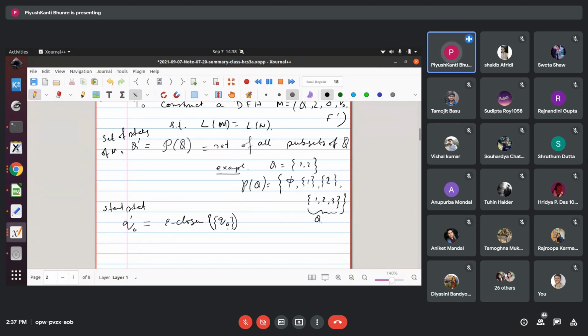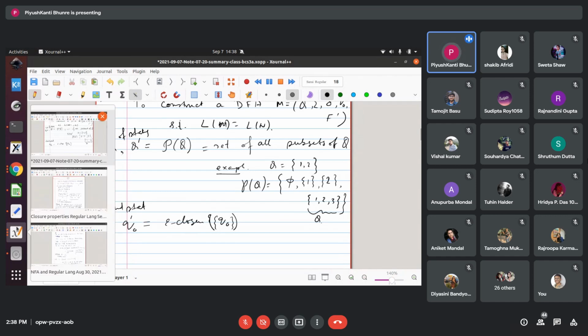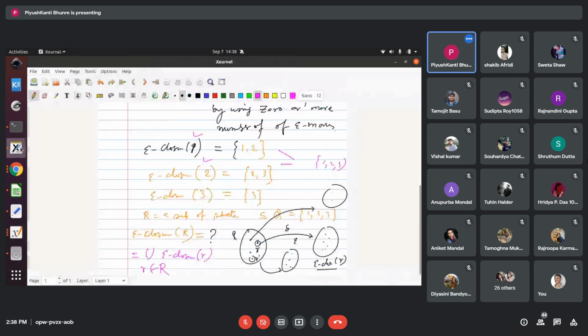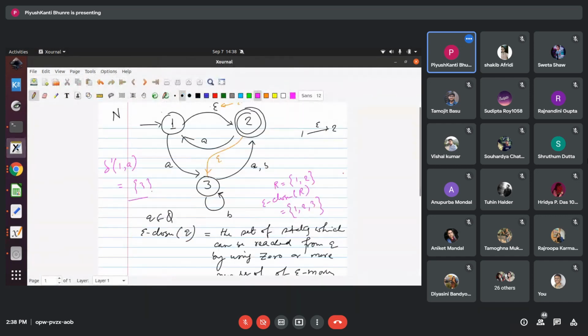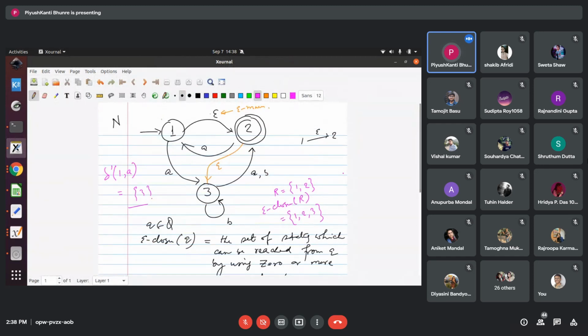So epsilon closure, if you remember, I covered it in the last class. Suppose you have this non-deterministic automata. Epsilon moves are basically moves on receiving an empty symbol.